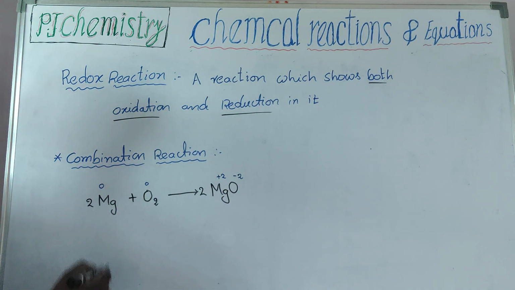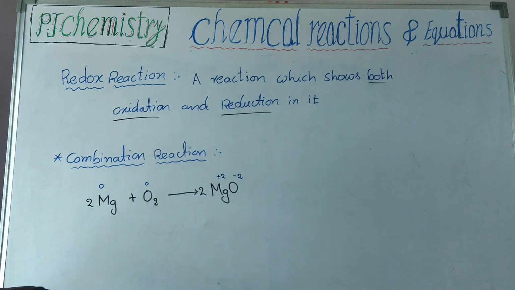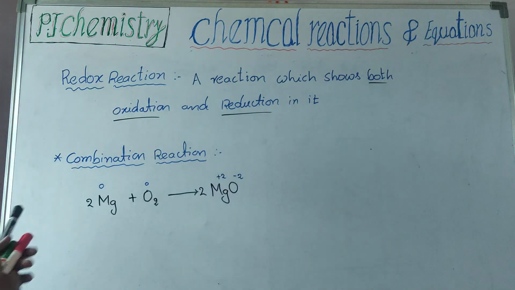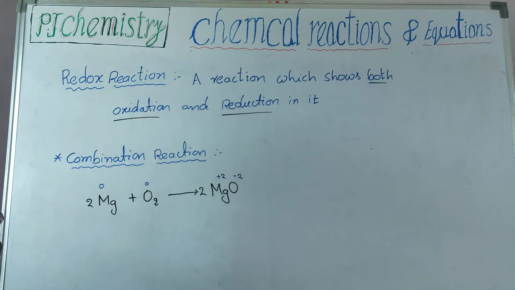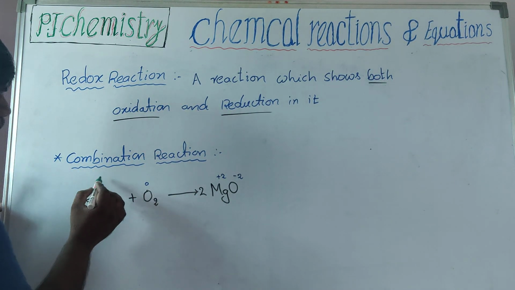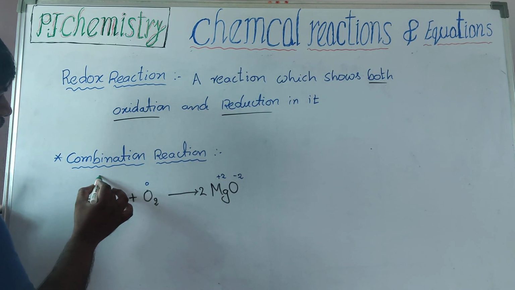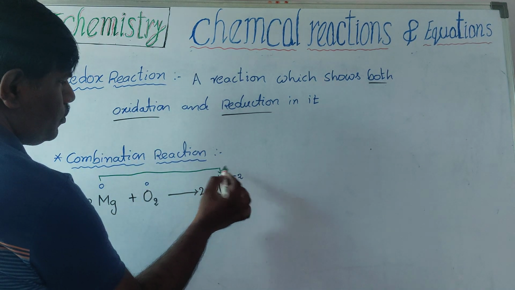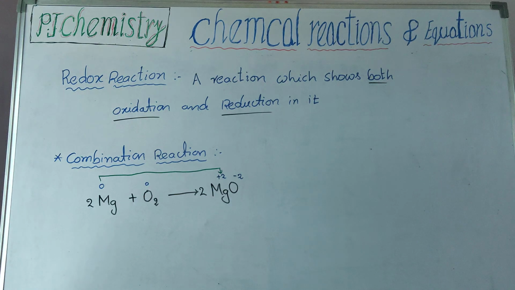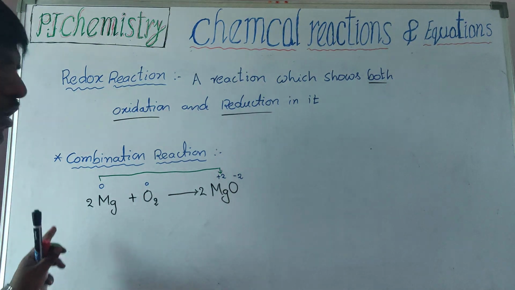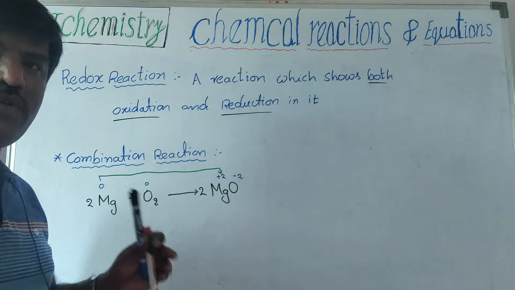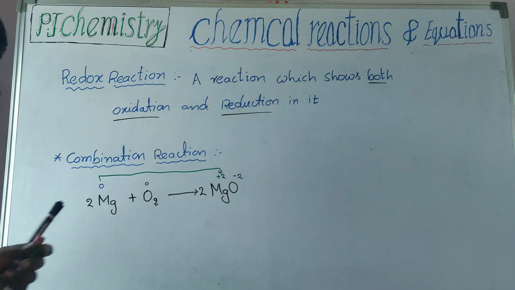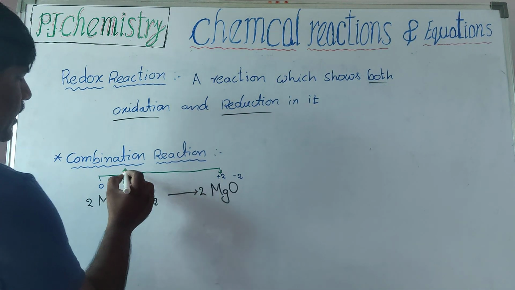Now you observe here, magnesium is initially 0, and increases to plus 2. Increasing oxidation number is called oxidation.